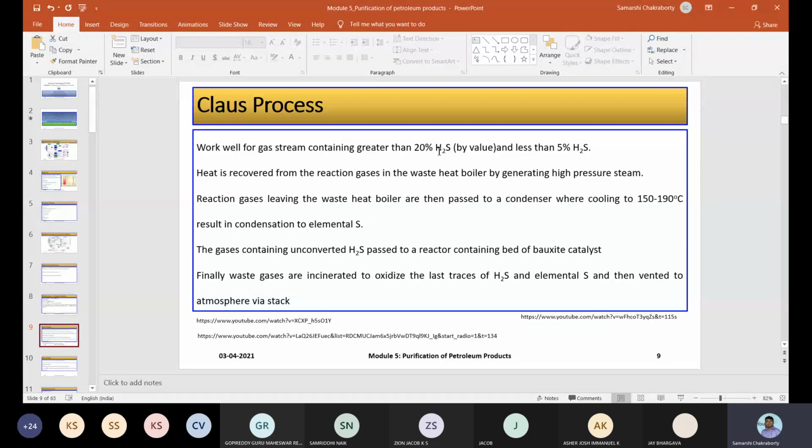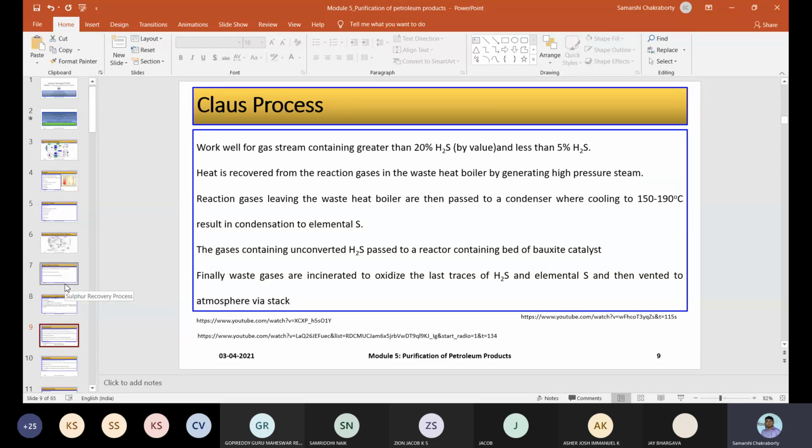The heat is recovered from the reaction gases because, as I have told you, this oxidation process is an exothermic reaction, and you cannot allow the heat to leave the system. You have to properly utilize it, then only your energy economy would be good.